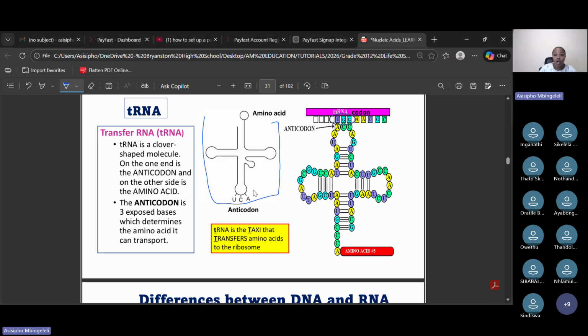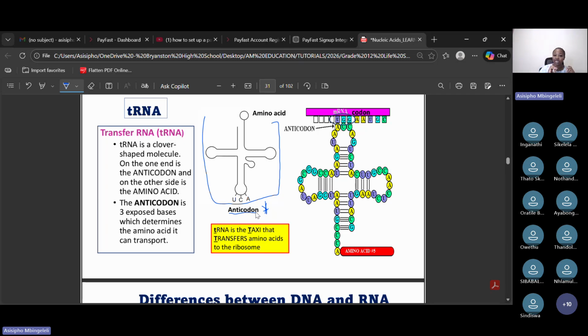At the bottom of the transfer RNA, we are going to find 3 bases. And these 3 bases that we find at the bottom of our RNA molecule, we are going to call an anticodon. Now, these 3 bases, which we call an anticodon, will need to complement the codon of the messenger RNA.